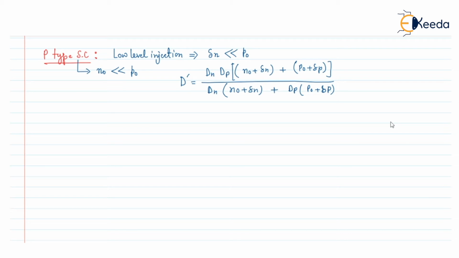Since we know that the excess electron concentration del n will be equal to the excess hole concentration del p, we can write that d dash will be equal to dn into dp into n0 plus del n plus p0 plus del n, and we have replaced this del p with del n, because del n and del p are the same.